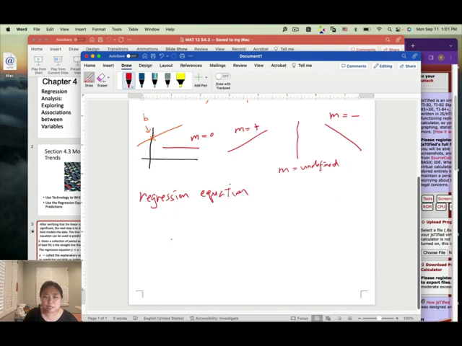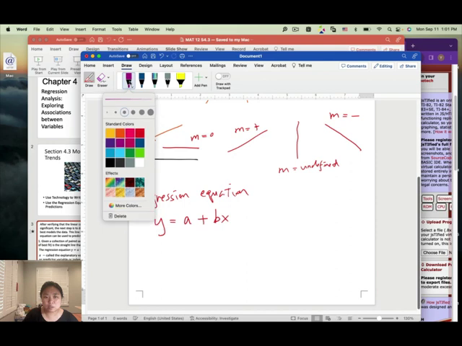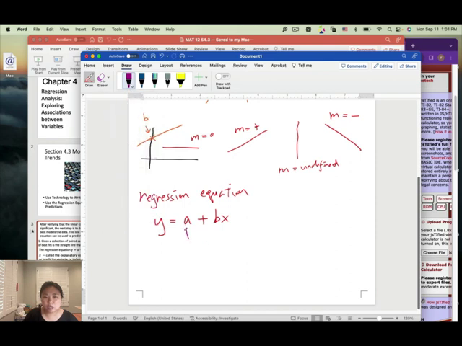For the regression equation, we'll be using another notation. We will have y equal to a plus bx. The a here, same idea, is the y-intercept.